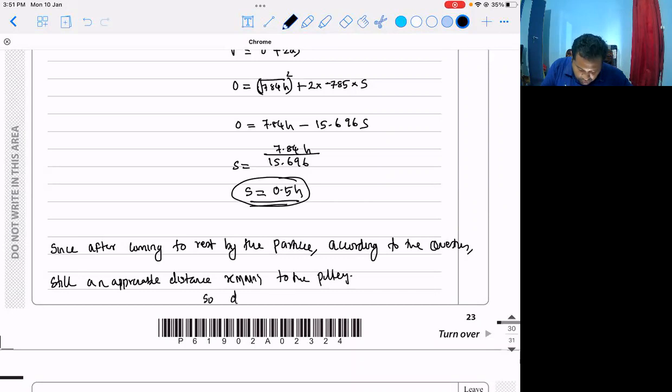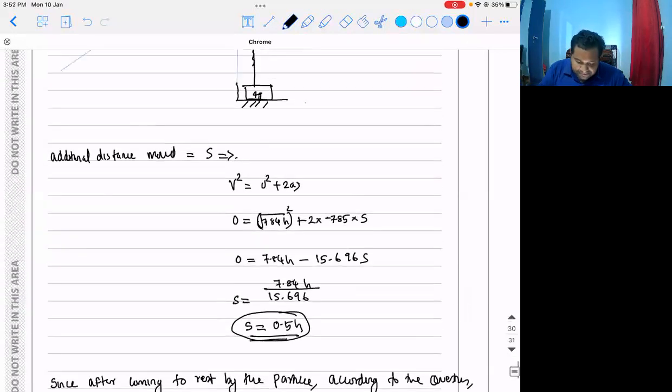So D should be greater than 1.5 h, because already this particle A is traveling h and 0.5 h. So definitely D is greater than 1.5 h. So that is the idea about this question.